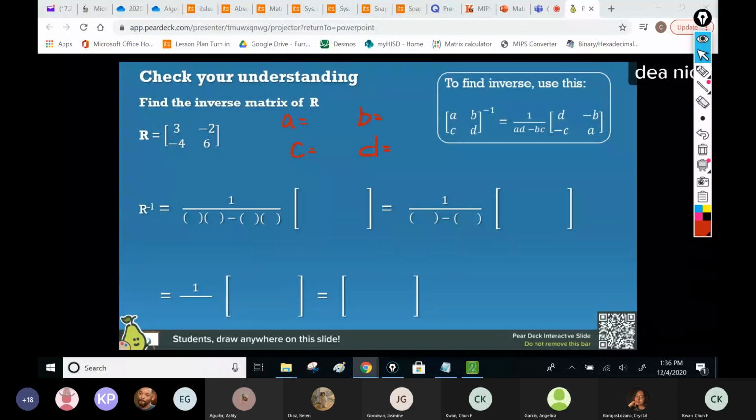Don't worry, it's actually not harder than you think. So Natalie, look at the formula on the upper right. Plug in the ABC.